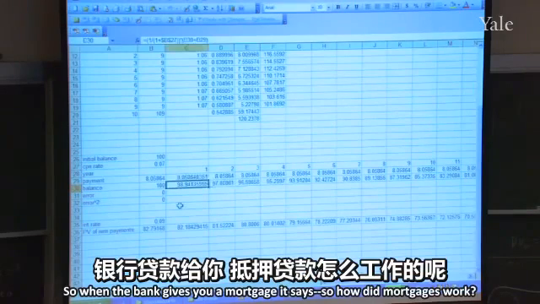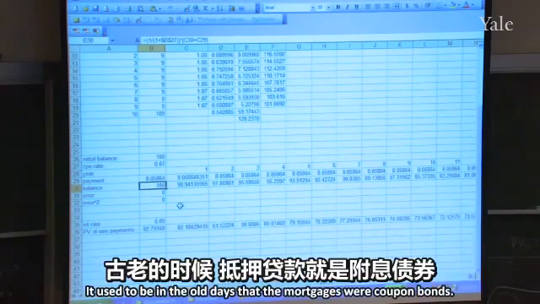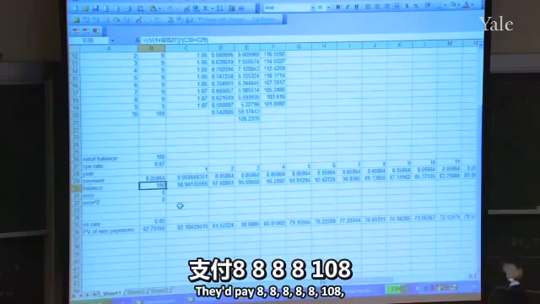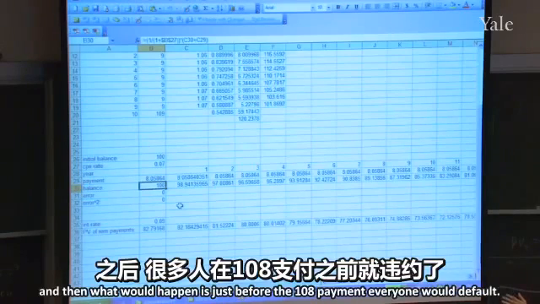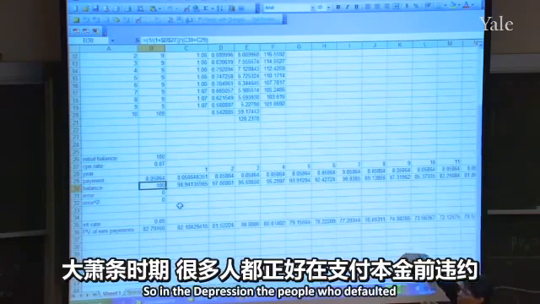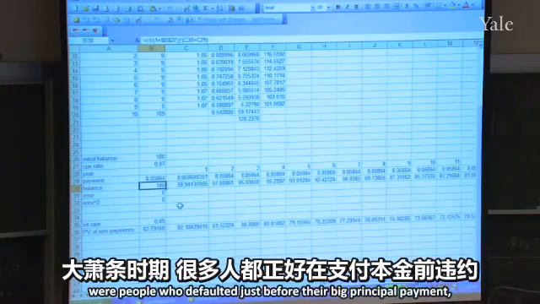So when the bank gives you a mortgage, how did mortgages work? It used to be in the old days that the mortgages were coupon bonds. They'd pay 8, 8, 8, 8, 108. And then what would happen is just before the 108 payment, everyone would default. So in the Depression, the people who defaulted were people who defaulted just before their big principal payment.